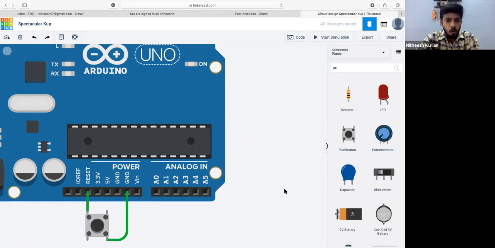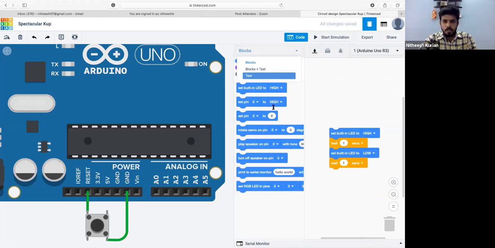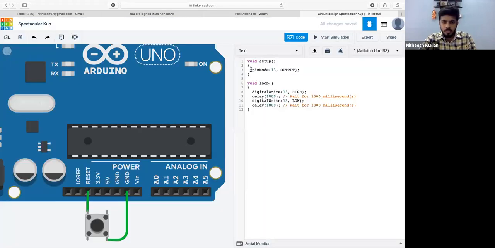Okay, and how do you know whether the Arduino board is reset or not? That we will check with code. For that I will write a code. I will modify the code which is already there in the code section.